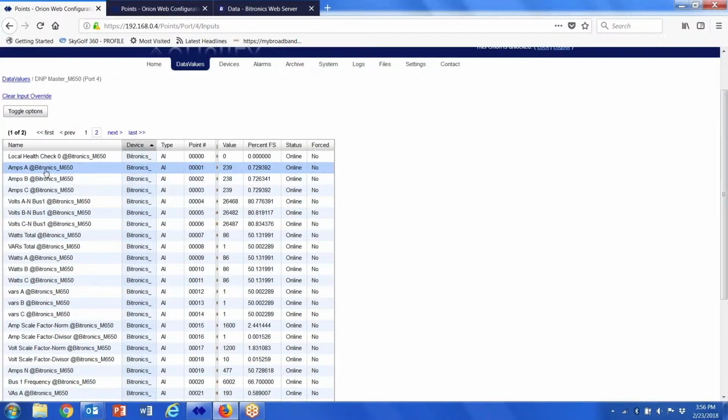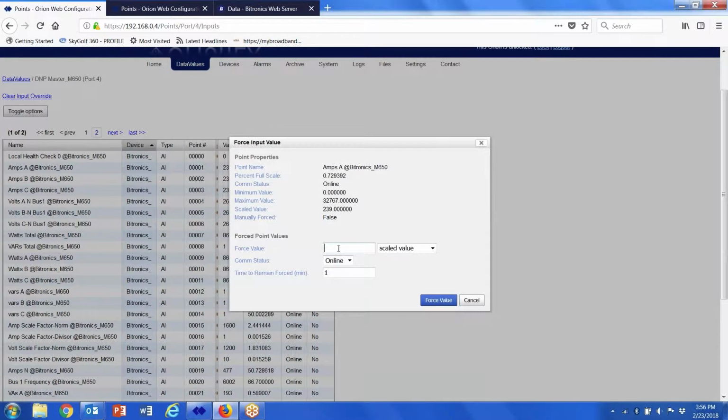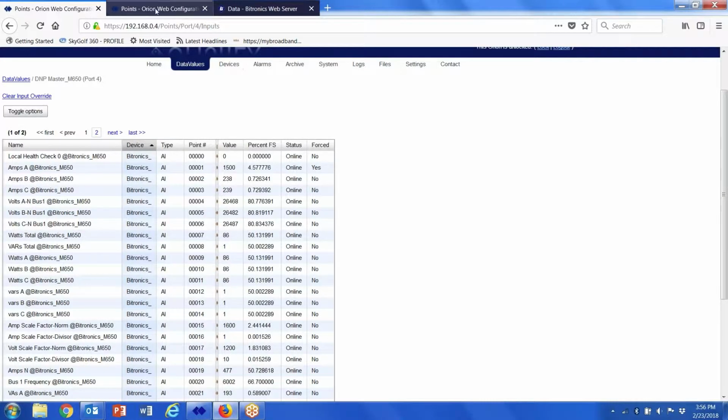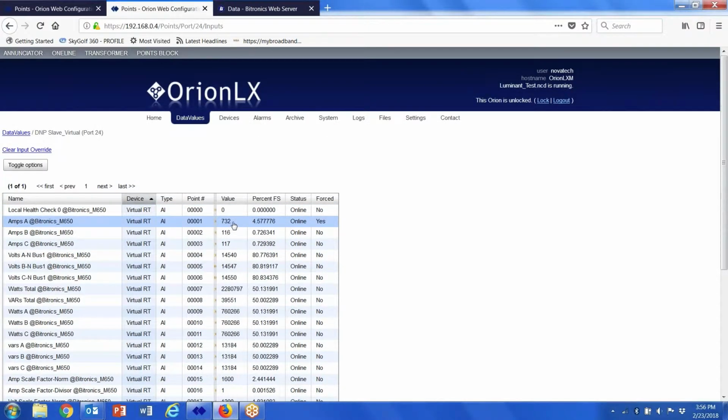The other thing I can do also is I can force values, so I can force a new A to D count and then see how that translates to my primary reading on my virtual slave port.